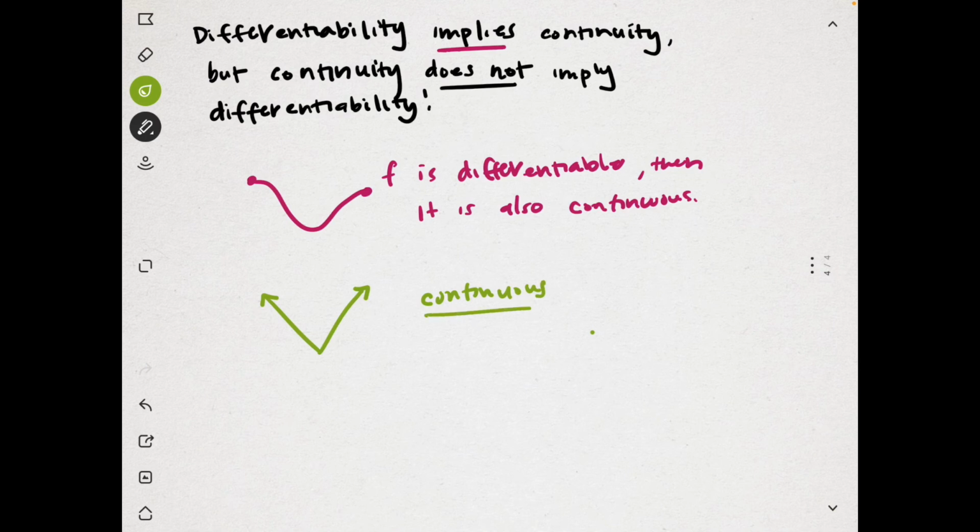Over this whole function, we can trace it, and there's not going to be any gaps or any weird stuff. But it's not differentiable at the corner. So this is an example showing why sometimes we could have a continuous function that is not necessarily differentiable, because we can't find the derivative at that corner.